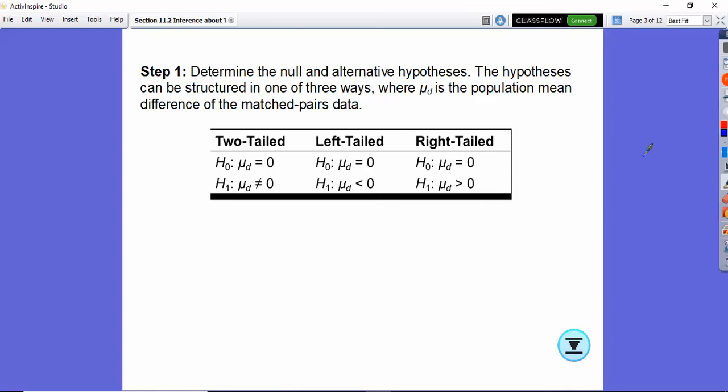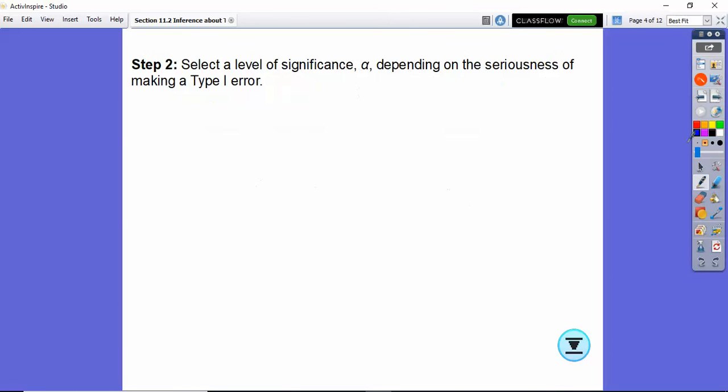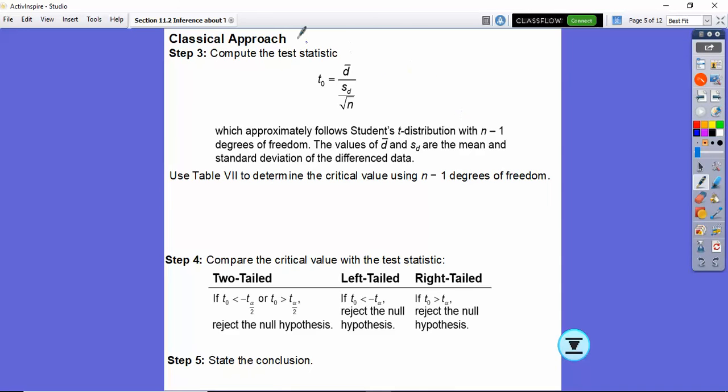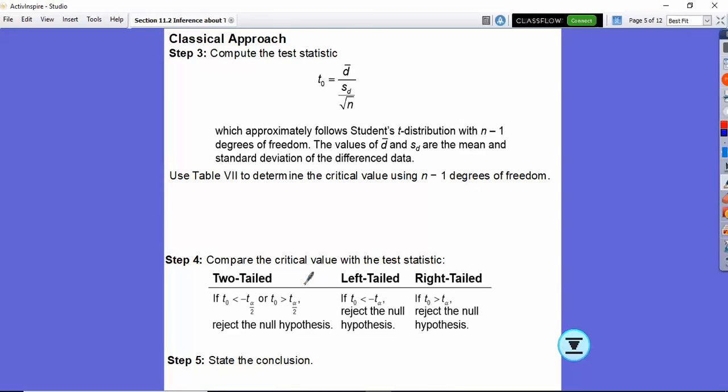So it's actually not very different from what we were doing before. We'll still have to then have our alpha level, and then we have all of these same approaches as before, classical, p-value, and calculator, and all of that stuff is the same.